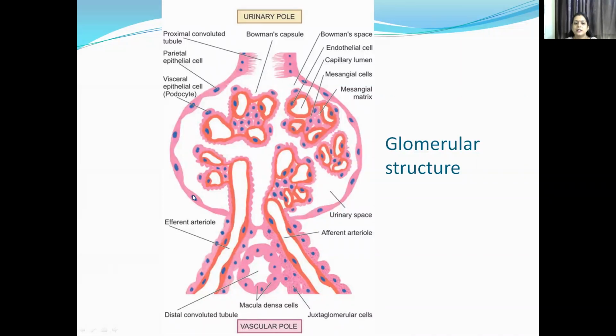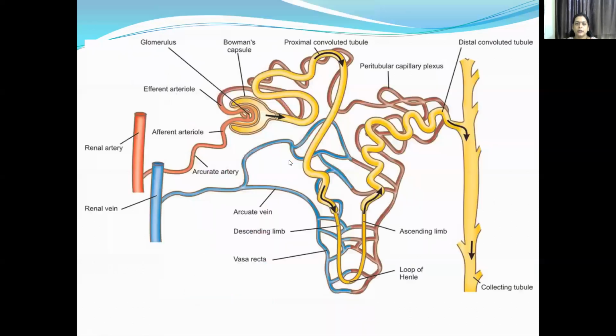So this is the structure of the glomerulus. Again, just to tell you what is what. Here we have a renal artery. So how is it all? There is the glomerulus, the proximal convoluted tubule, the loop of Henle, the distal convoluted tubule, and the collecting tubule, right?